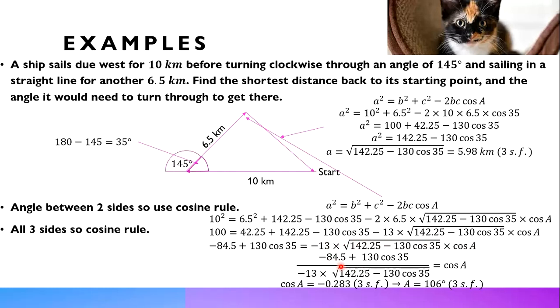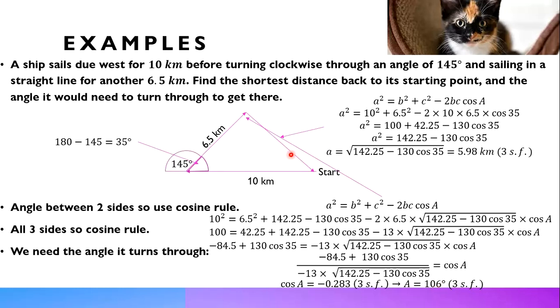So minus 84.5 plus 130 cos 35 over minus 13 lots of the square root of 142.25 minus 130 cos 35 equals cos A. So cos A is minus 0.283 to three significant figures. So A is inverse cos of that, which is 106 degrees to three significant figures.